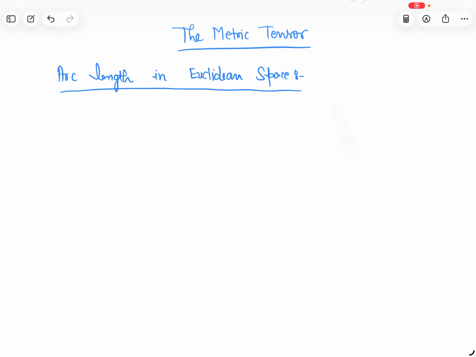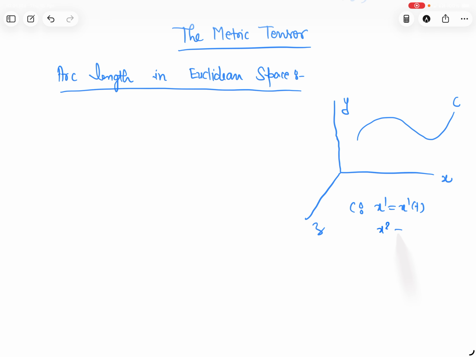Suppose you have a three-dimensional space x, y, z. There is some curve here, C. A curve is defined this way: C is equal to x1 will be x1(t), x2 will be x2(t), x3 will be x3(t), and t is defined in between.